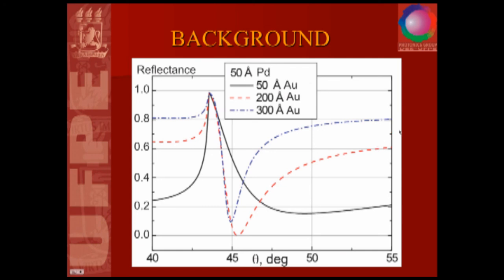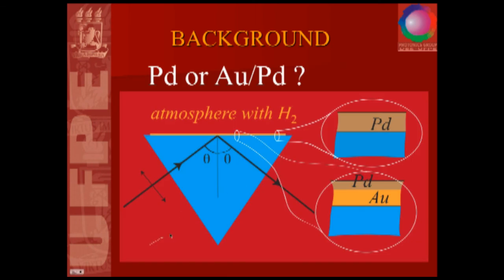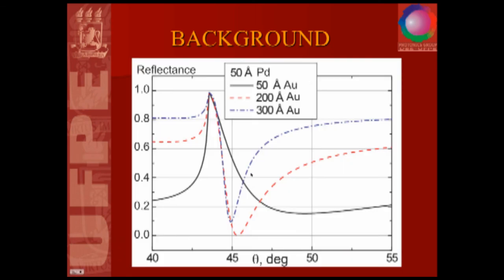To illustrate why we are asking this question, we have plots here of reflectance versus incidence angle in the Kretschmann configuration. This is the Kretschmann configuration here. It shows that for a single palladium layer, you have a very broad resonance. This is the total internal reflection condition here, at this angle. Then we have a large, broad resonance absorption for palladium.